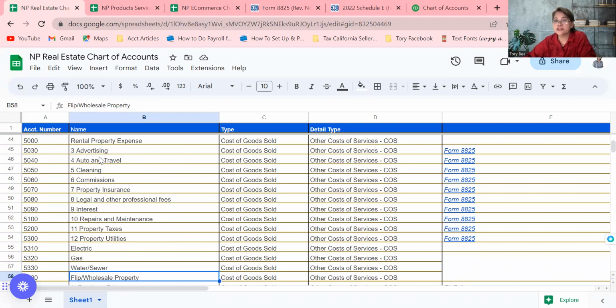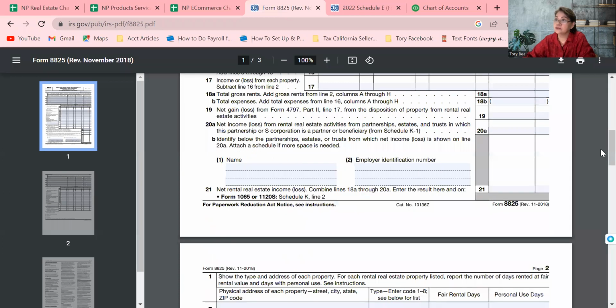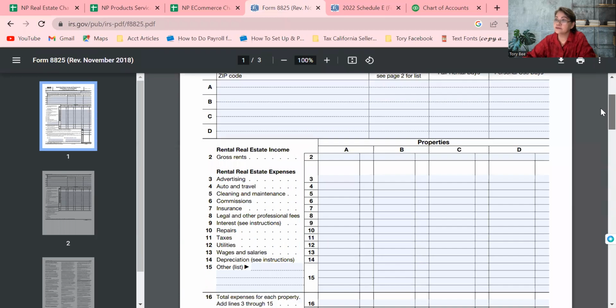Okay, you see this rental property expense? It includes advertising, auto, cleaning, down to water and sewerage. These accounts are patterned from IRS Form 8825. This is the tax form 8825, real estate.